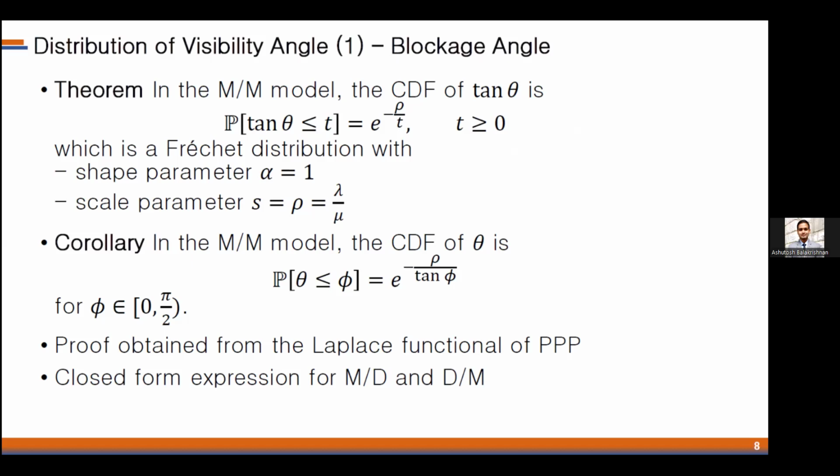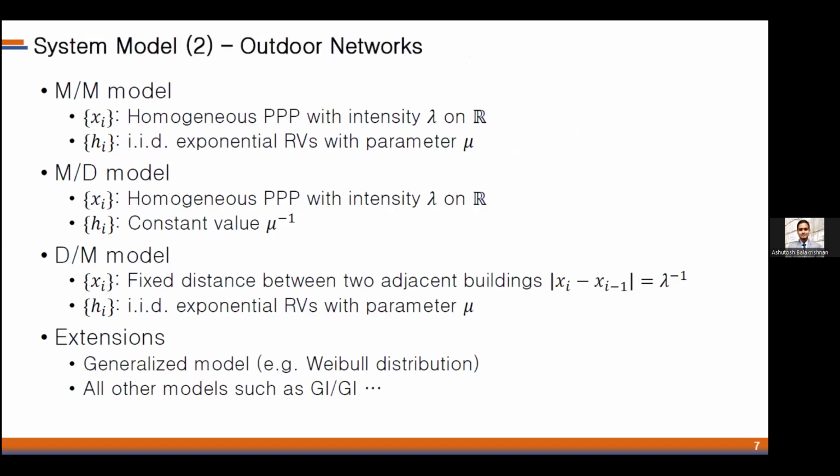Which kind of distribution is it for MM, MD, and DM? Is it still Fréchet? The result is somewhat different with the MM model, but okay.